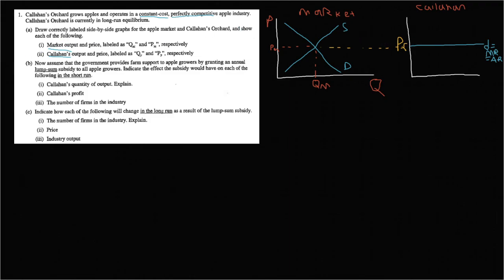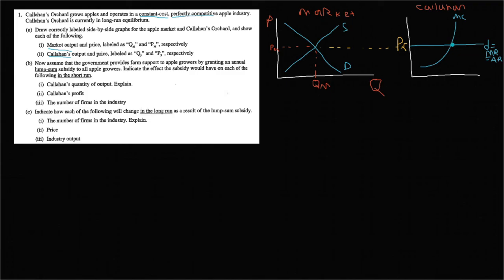Now, to find the price, or not the price, we found the price, the quantity. To find the quantity, we just draw a marginal cost curve, and it doesn't have to necessarily look like that, but just upward sloping.